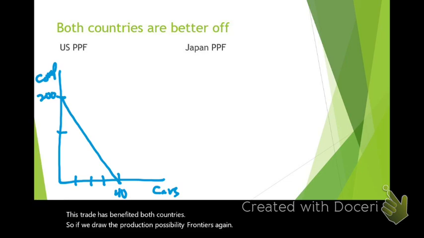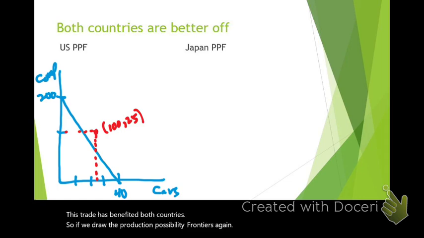And now the U.S. is at 100 computers, so they're here, and 25 cars. So that puts the U.S.'s new point somewhere out here past its original production possibility frontier. So the U.S. has exceeded its production possibility frontier, which it could not have done within its own economy, by trading with Japan.